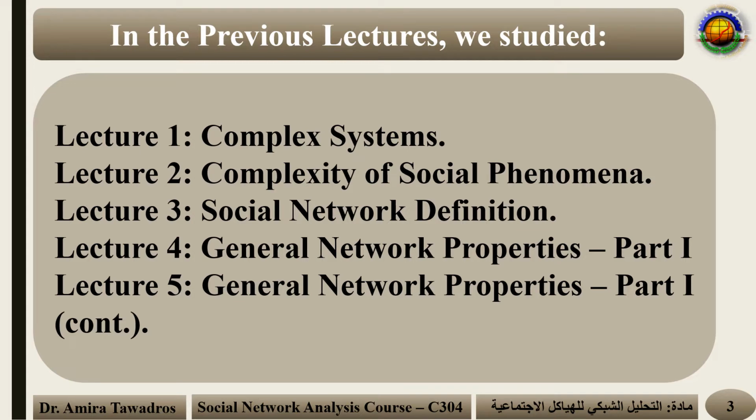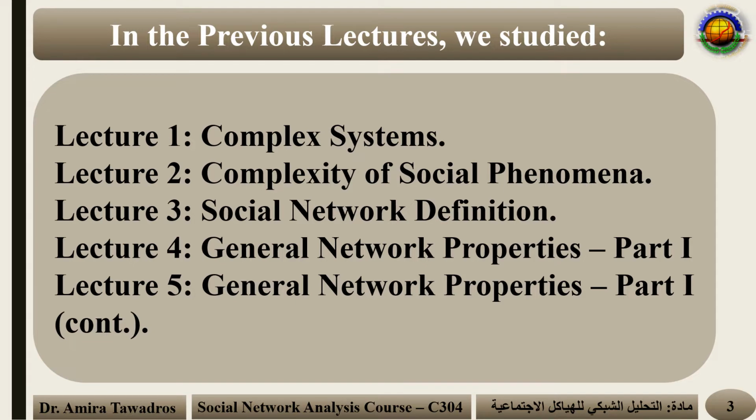And as you know, networks are decomposed into nodes and links, or nodes and edges. So we will start first by studying the general network properties, and then we will start to study properties of nodes and then properties of edges. So in lecture 4 we studied general network properties.